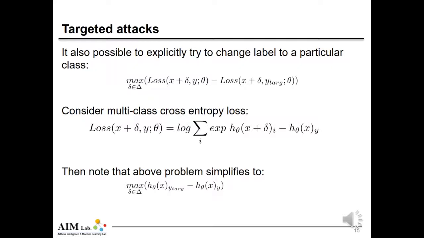Then, in the difference of two of these loss functions, the first term, the normalization term, actually cancels. And so the actual targeted attack is the same as just maximizing the difference in the class logits. So the last formulation is actually equivalent to doing that.